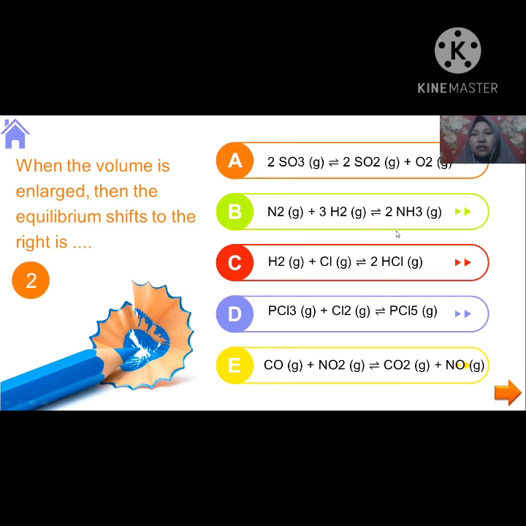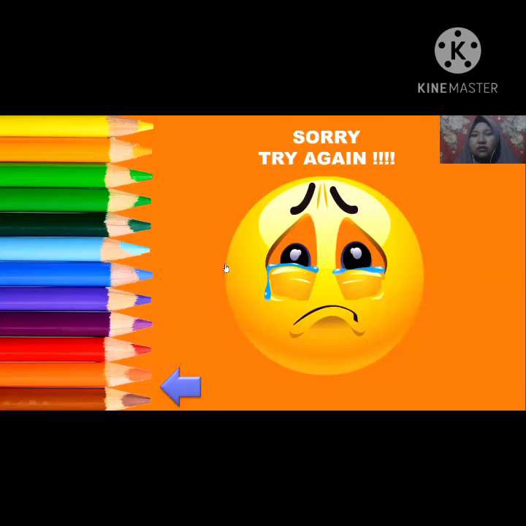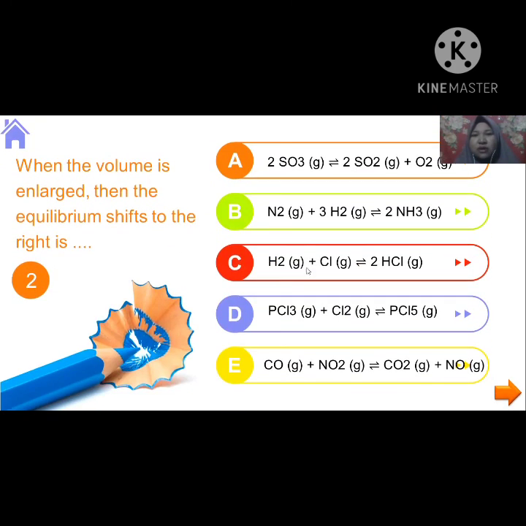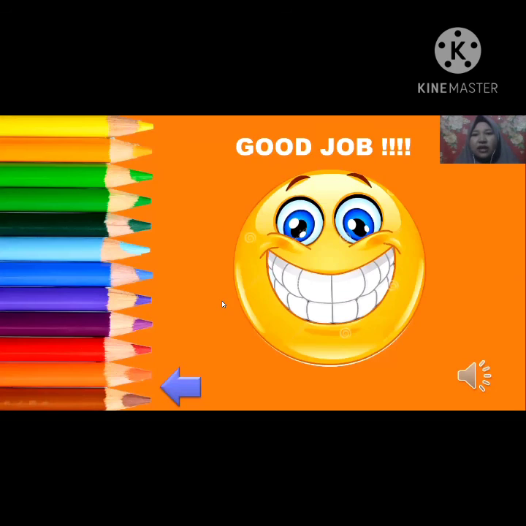So from the explanation, what do you think? What is the answer? If you said B, it is the wrong answer, because the larger reaction coefficient is on the left side. So the answer is A.